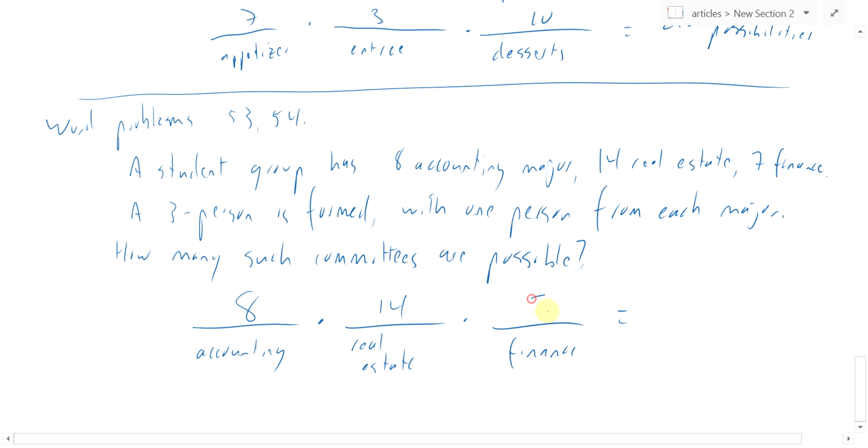How many for finance? 7. And that should be, I think 784 is what my notes say. So 784 possible committees if you have to have 1 from accounting and 1 from real estate and 1 from finance.